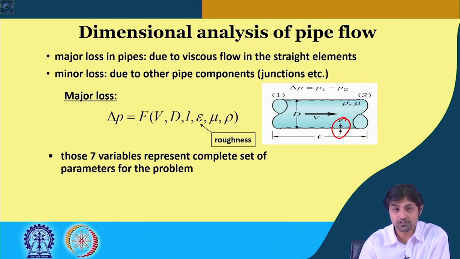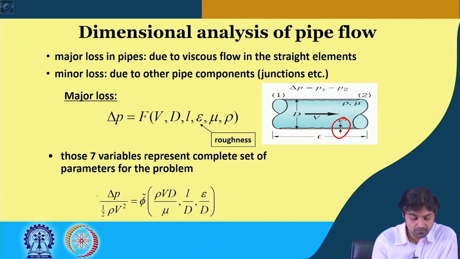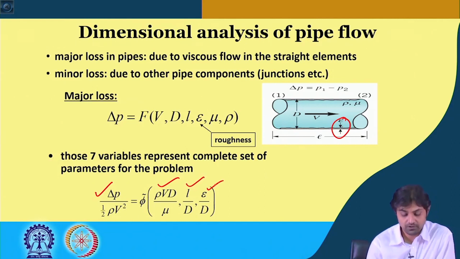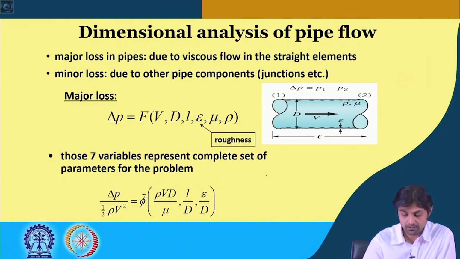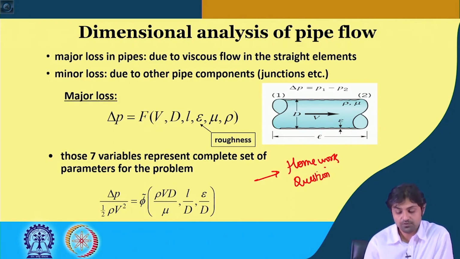This is the roughness element as I showed you before as well. We will get the 1st dimensionless term, 2nd, 3rd and 4th. All right, as we said, K minus R, 7 minus 3, 4 dimensionless terms. Okay, and I ask you to do it as a homework question. If you have any problems, you can ask us about that in the forum.